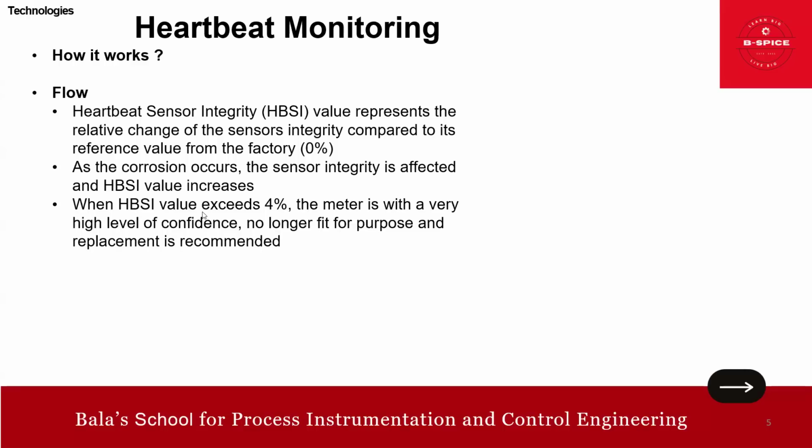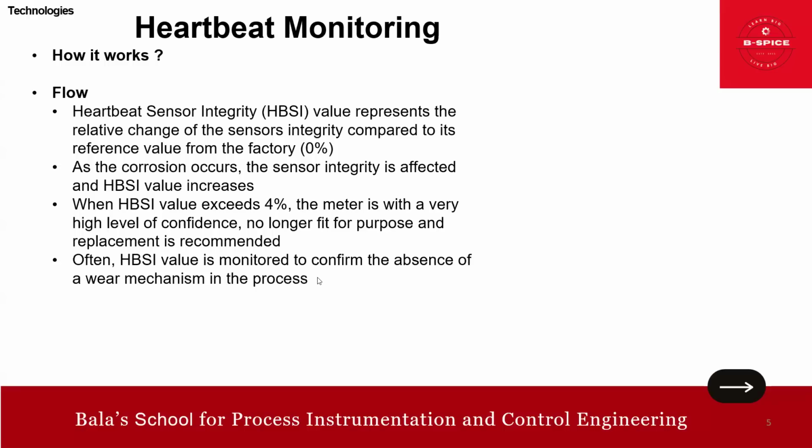When the HBSI value exceeds 4%, the meter is with a very high level of confidence no longer fit for purpose and replacement is recommended. Often the HBSI value is monitored to confirm the absence of a wear mechanism in the process. In that case, the HBSI value will remain at a stable low level.